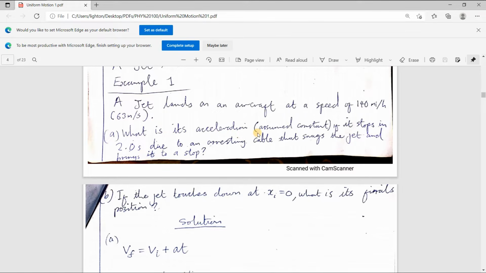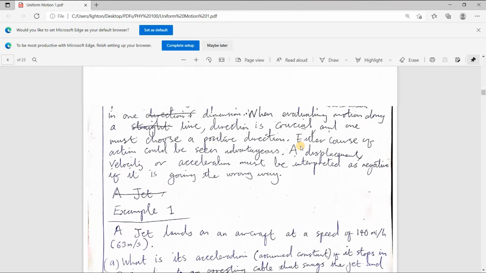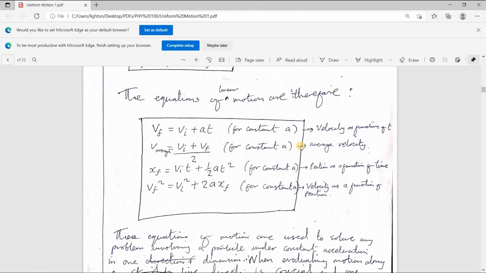We'll use an equation which involves final velocity and initial velocity, because from the question we have the initial velocity and the final velocity, which is 0 because it stops, and we also have the time. We want to know the acceleration. From the equations of motion, we can choose an equation to use.